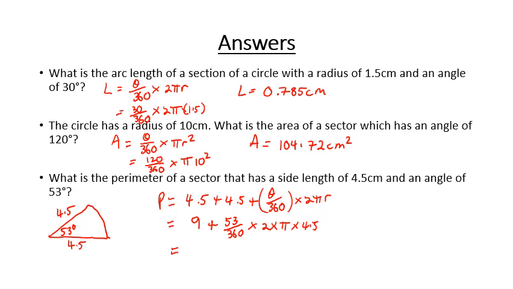Put that all into our calculator. 53 divided by 360 times 2 times pi times 4.5, and I'm going to add my 9 for the radius. That'll give me 13.16 centimeters.